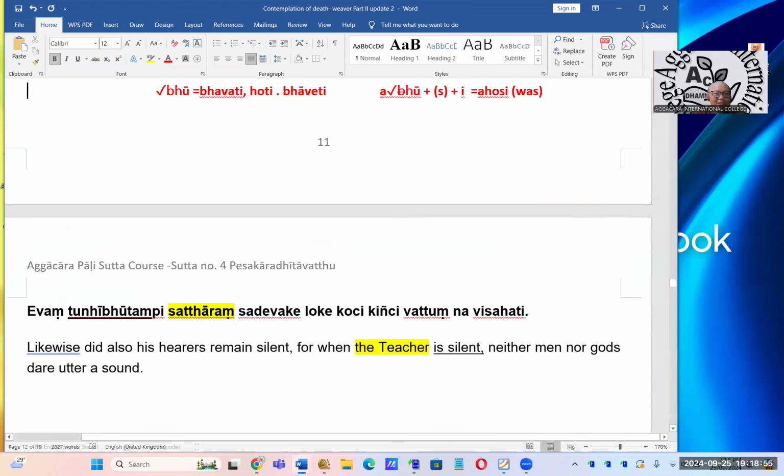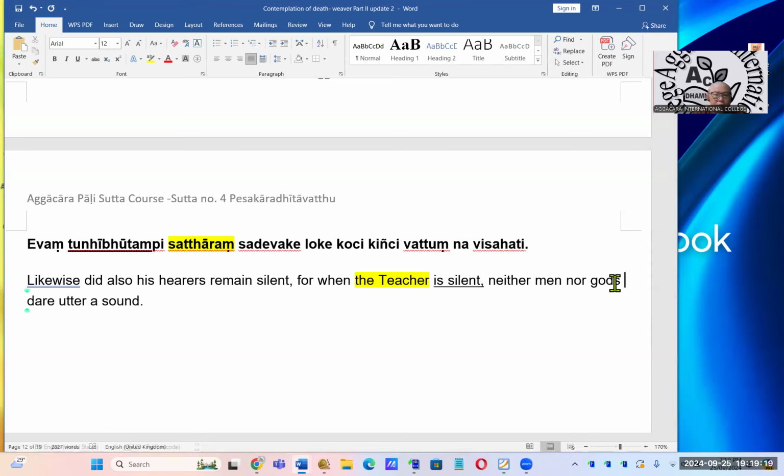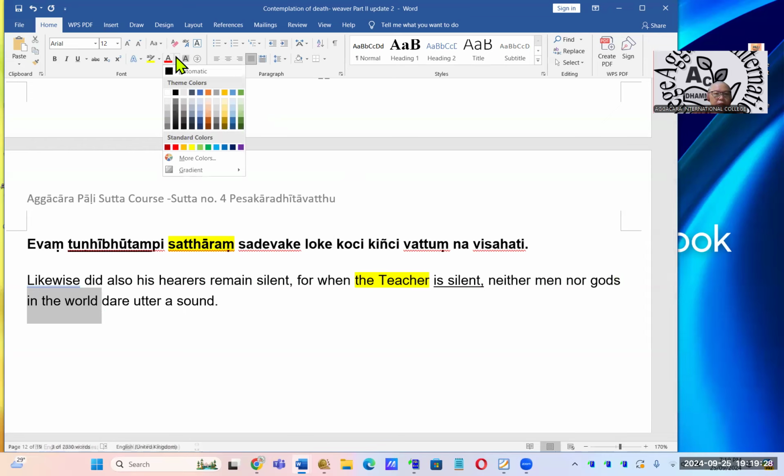Okay, this sentence only. Loke. Loka. What is loka? Loka is world. A world, yes, okay. The man and God. Okay, now. Here no translation. Sa deva ke loke, the men and gods. Sa deva ke loke. In the world, right? Okay, so yeah, so we have this loke.